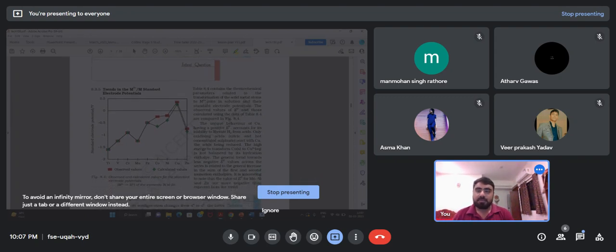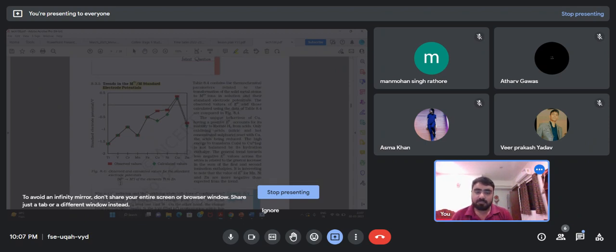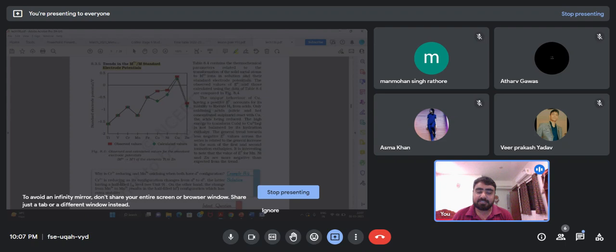Moving further, trends in the M2+ to M standard electrode potential. So now what we are doing, from M2+ to M, we need to provide 2 electrons. So that process is known as oxidation or reduction?